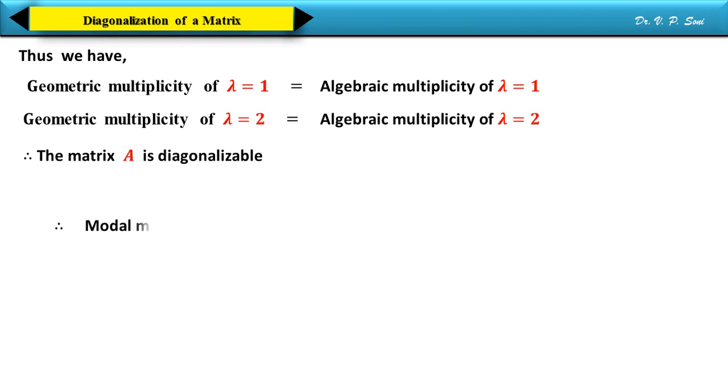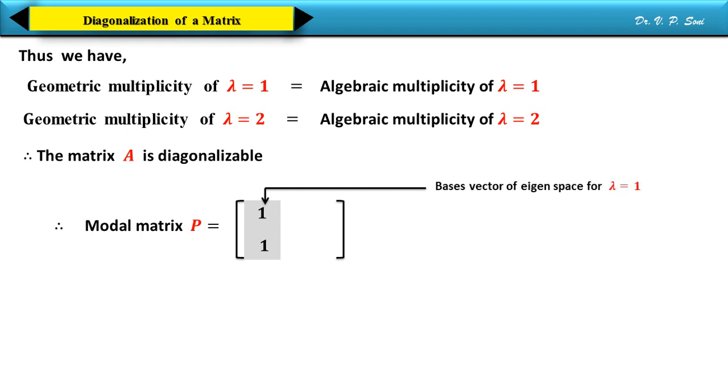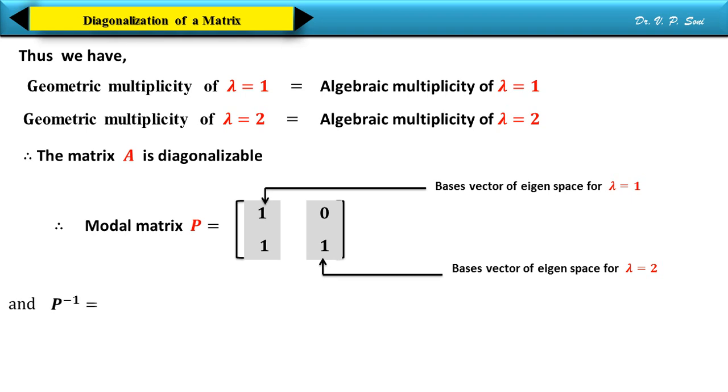Therefore the modal matrix P is the matrix whose first column is a basis vector of the eigenspace for λ = 1 and whose second column is a basis vector of the eigenspace for λ = 2, and P inverse is the matrix with first row (1, 0) and second row (−1, 1).